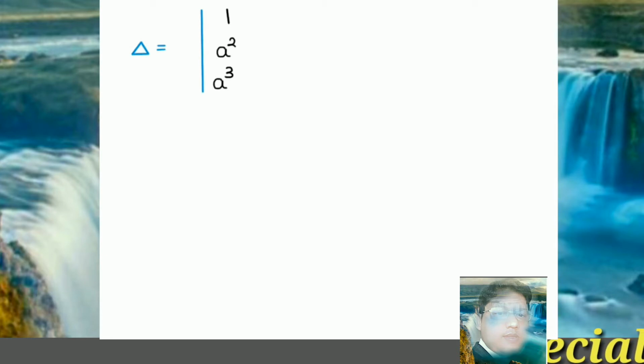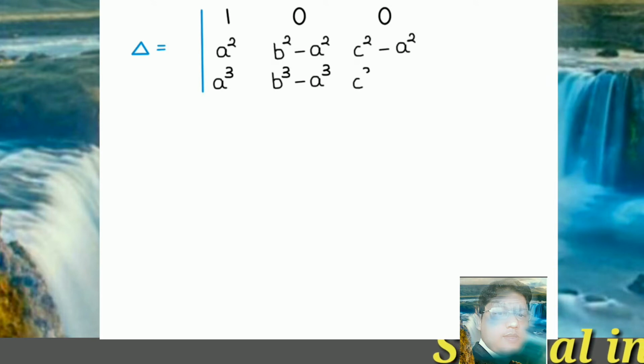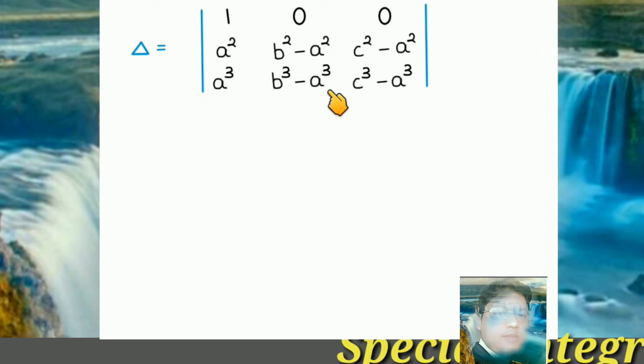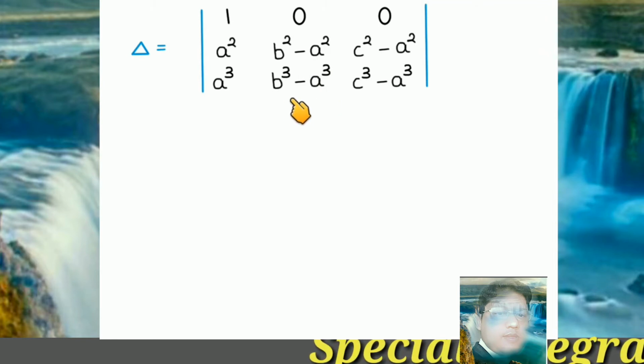One, A square, A cube, and the remaining parts: 0, B square minus A square, B cube minus A cube; 0, C square minus A square, C cube minus A cube. So, my students, my question becomes like this. Now from C2 and C3 I can take the common B minus A and C minus A respectively.